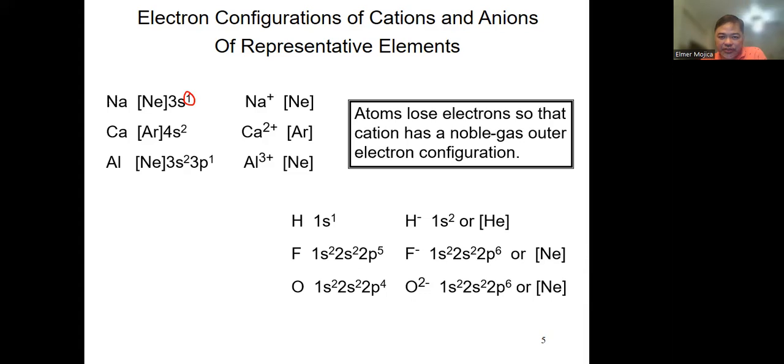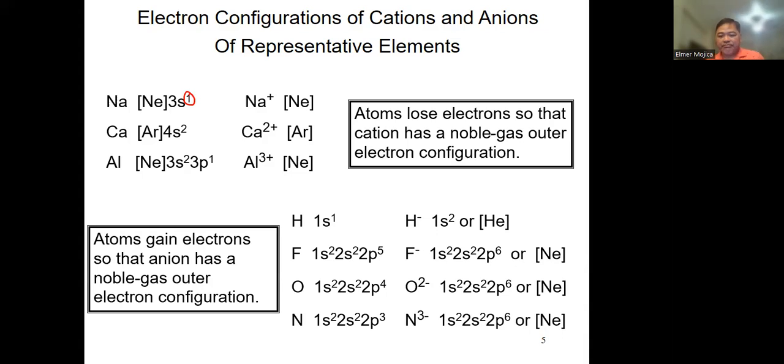So here, if you're going to look at this, atoms can lose or gain electrons to have an electron configuration similar to what we call the noble gas. And in the next module, when we go with bonding, it's following the so-called octet rule.